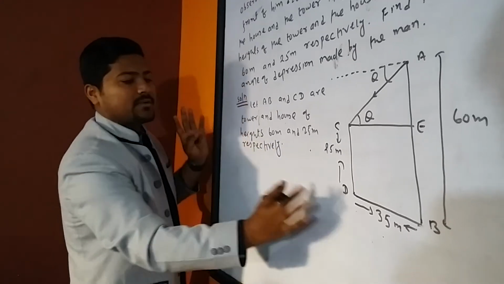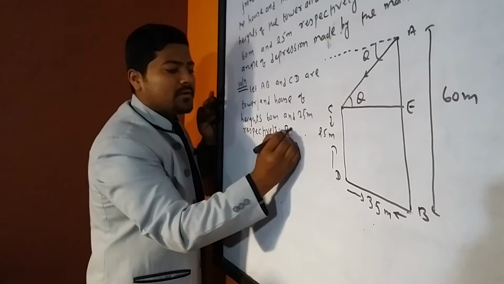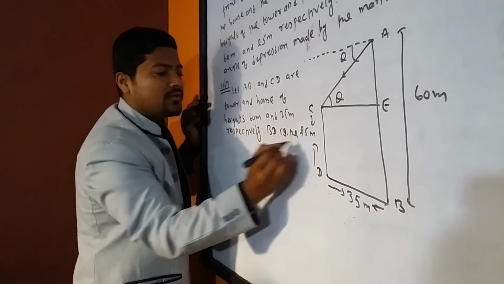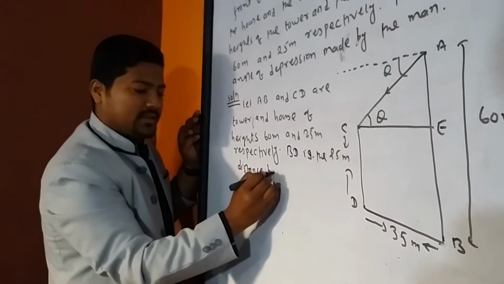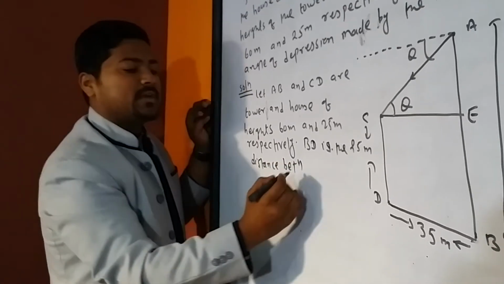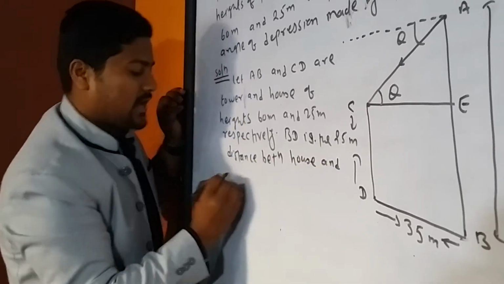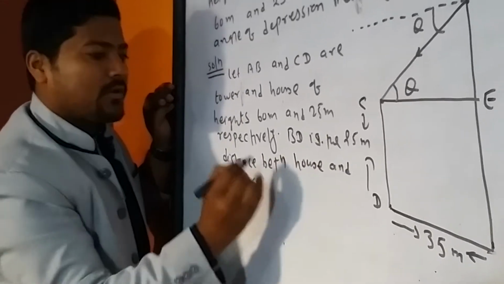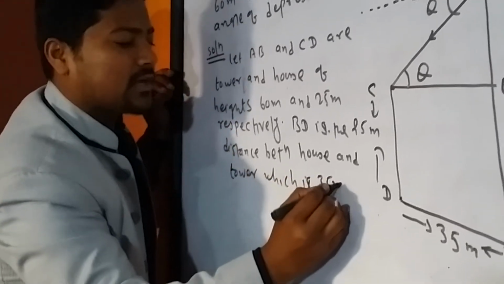Simply we can write this language. And BD is the distance between house and tower, which is 35 meters apart.